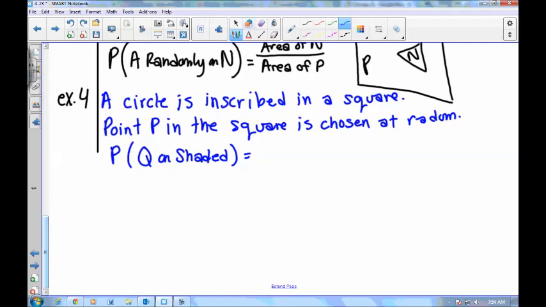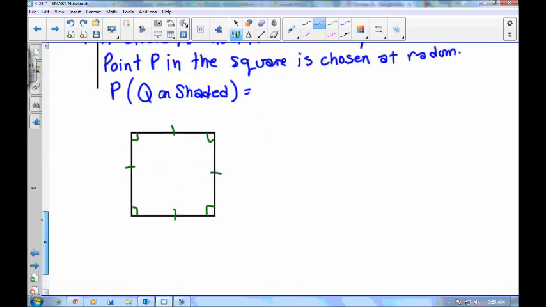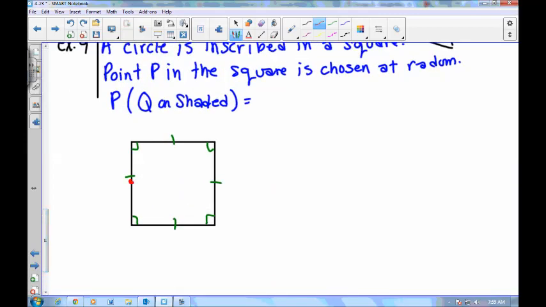Okay, here is the picture. Square. To mark that it's actually a square, we know in a square all four sides are congruent, correct? And we know all four angles are congruent, is that right? Okay, so an inscribed circle in a square is going to touch exactly 4 times, because the square has 4 sides, and it will touch at the midpoint of each side.